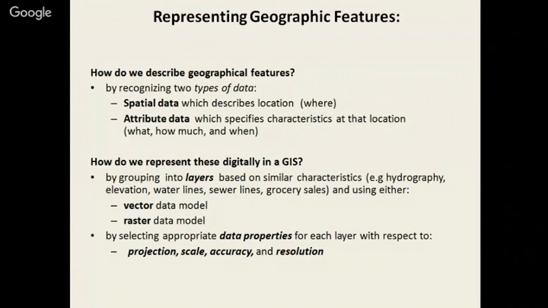And about the scale, the scale is basically how much of a unit of area is being represented on a map in a much smaller unit.